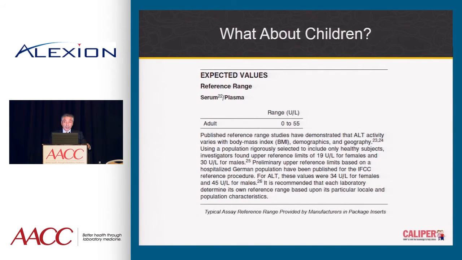When you get new instrumentation, though, typically you get a reference interval for adults. This is an example of a package insert where, let's say this is ALT, you get an adult reference interval based also on a limited number of adults, but there are no pediatric reference intervals. So this is a problem where the responsibility should be shared between the labs and the industry.